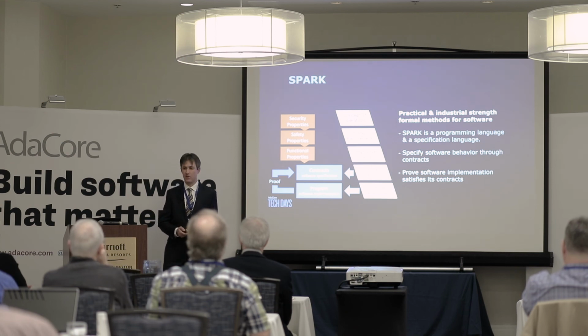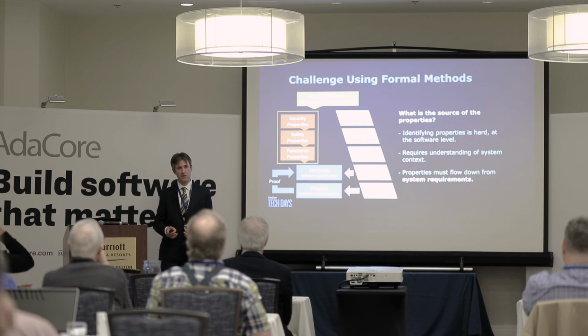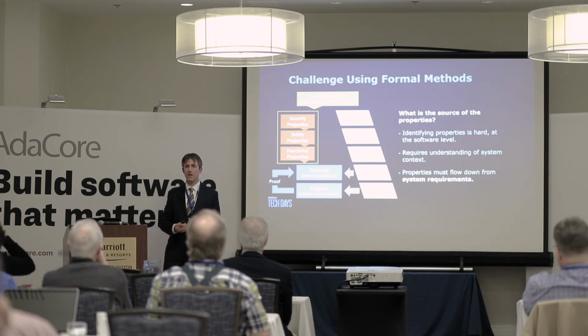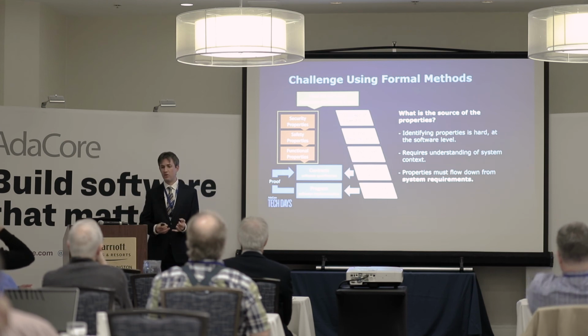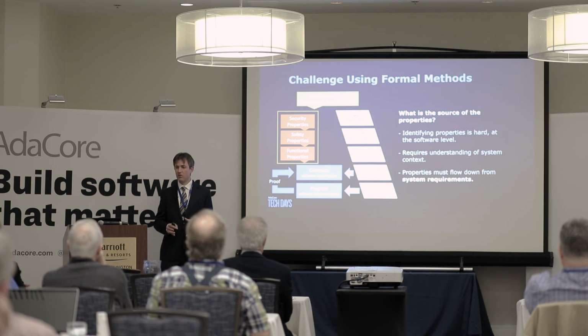The challenge that we've seen at AdaCore is that it can often be difficult for engineers who are developing the code to have in mind the kind of system-level properties that might be needed to show safety, security, or functionality. The reason this occurs is because these properties naturally flow down from system requirements, but there's a gap between the system requirements and the level at which the code is developed.